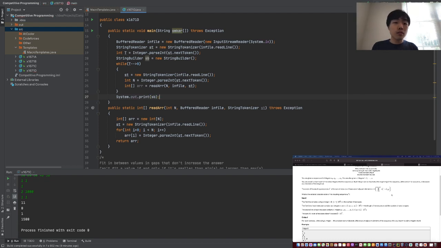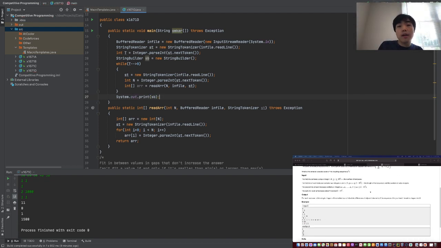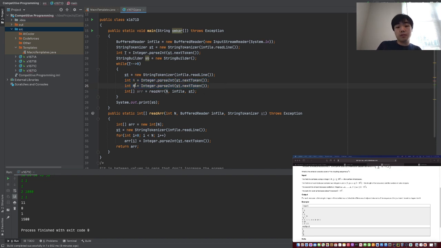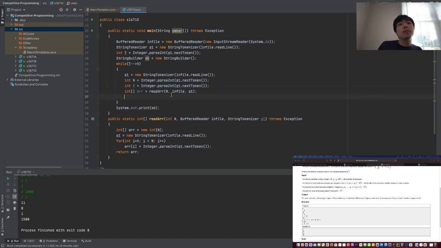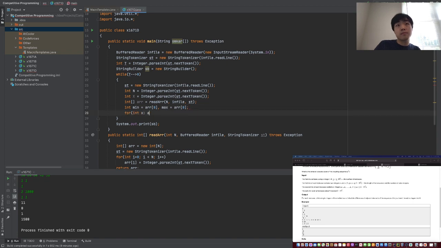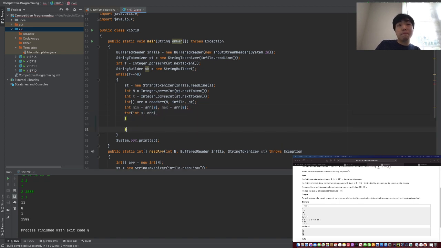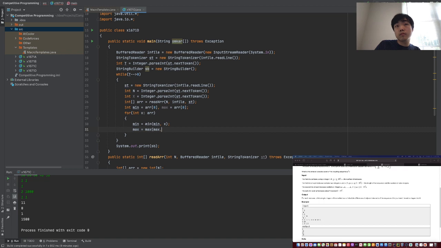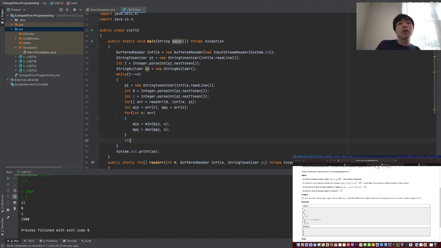I'm going to try this. So we have an array, and I guess we also have a value of x. First thing we need to do is find the minimum and max. Okay, long res is equal to 0.